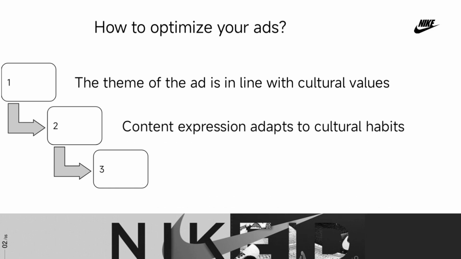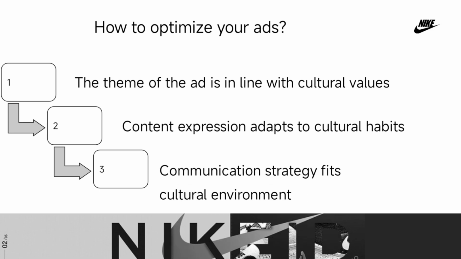The second is the content expressions should also adapt to cultural habits. Use words and images that people in each country can easily understand and like. The third is communication strategies should fit the cultural environment. In China, we can use social media platforms like WeChat and Douyin. In America, they can use Instagram or TikTok more.